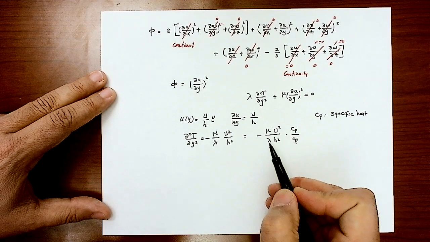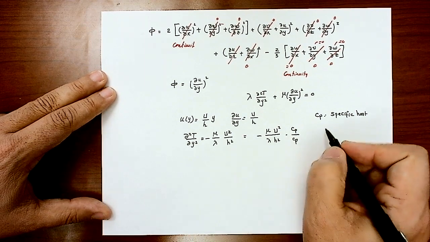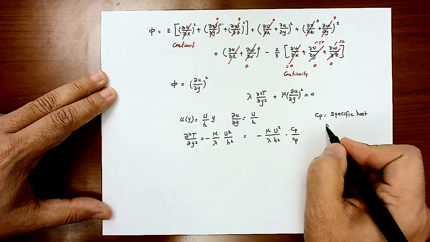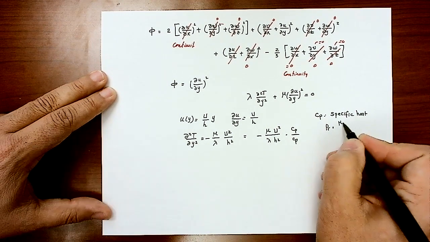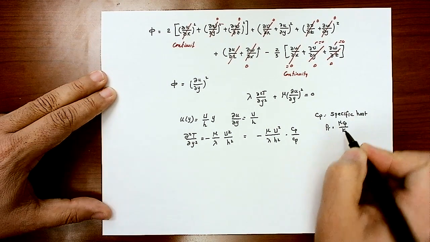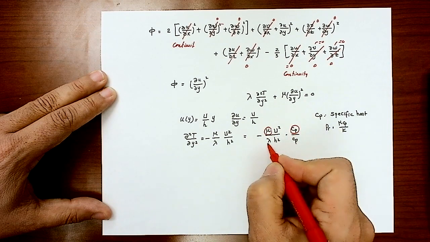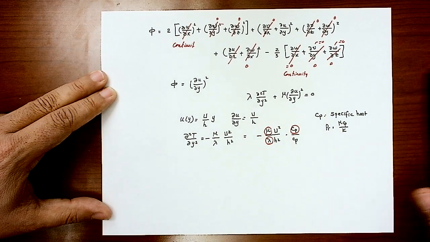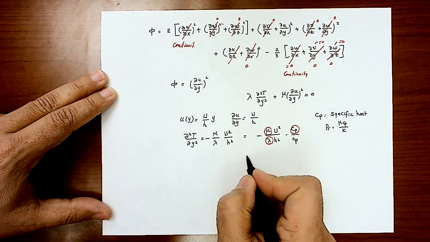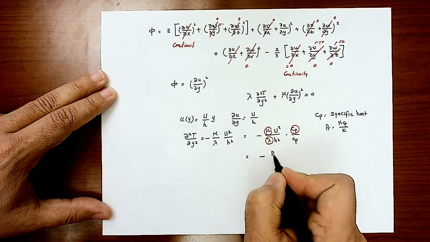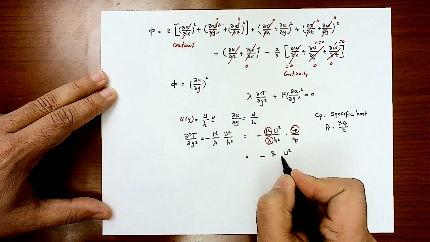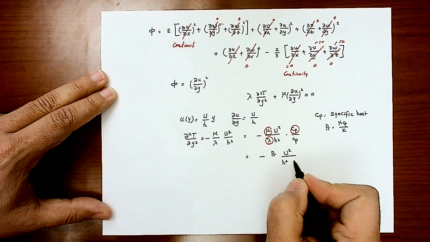Mu Cp over K, this is the Prandtl number, right? So the Prandtl number is defined as mu Cp over K. So I can combine this term and this term, and this will give me the Prandtl number. So I will end up having minus Prandtl number U squared over H squared Cp.